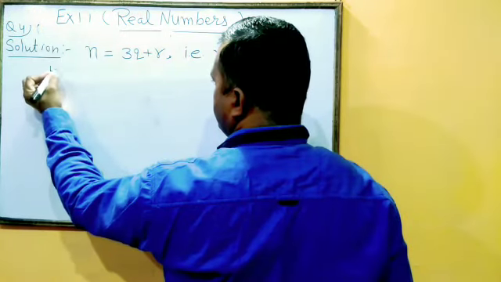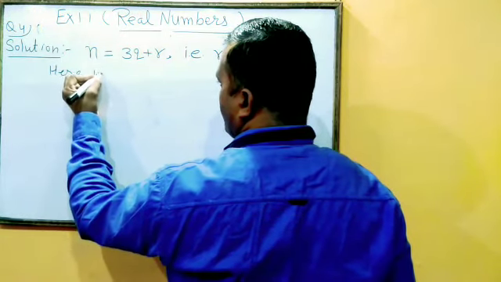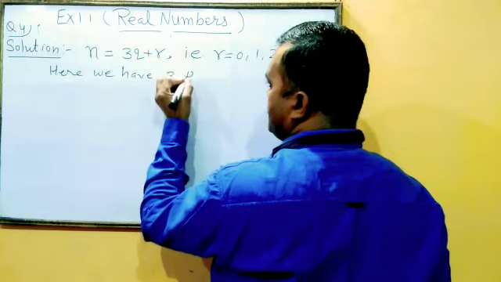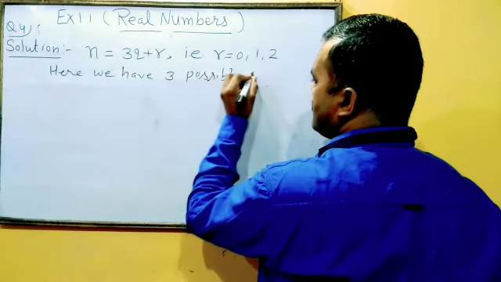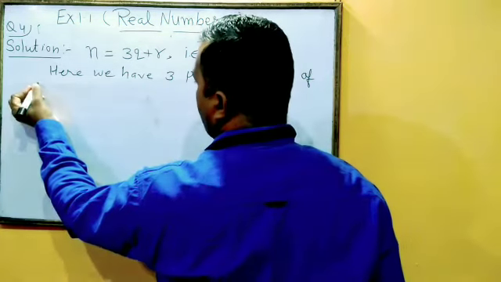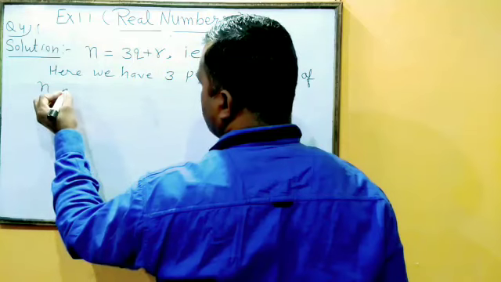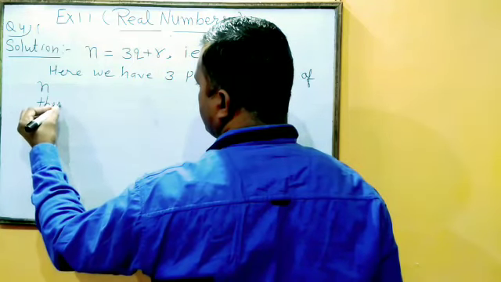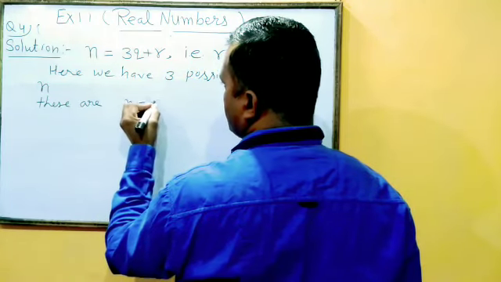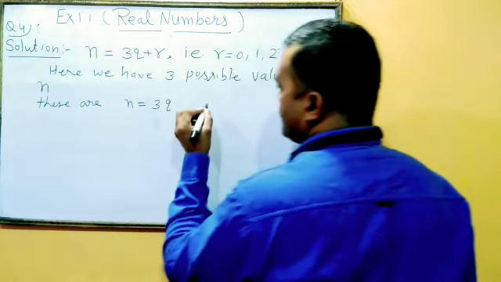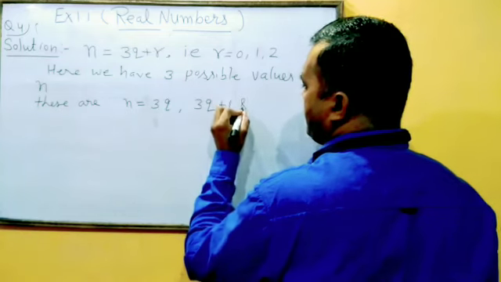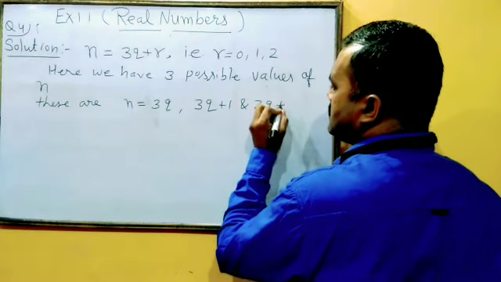Here we have 3 possible values of n. These are n is equal to 3q, 3q plus 1 and 3q plus 2.